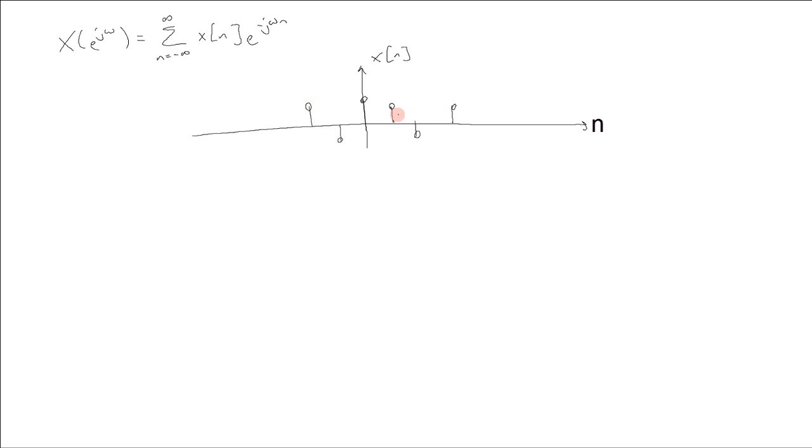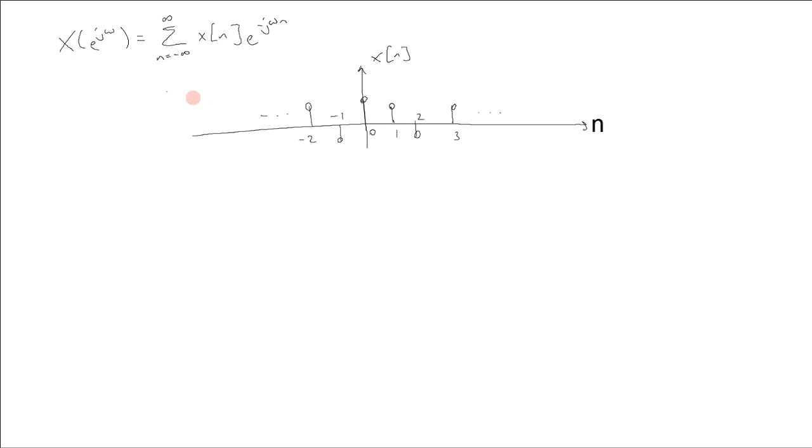And these are just these integer values, so 0, 1, 2, 3, -1, -2, and so on. So we have a signal that is completely discrete in time, which means that we know nothing about the values, because there are no values in between these locations. All we know is exactly at these locations, at 1, 2, 3, and so on.